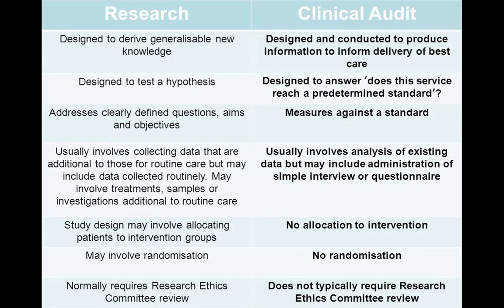If I had to use DVT prophylaxis as an example, we have oral anticoagulants such as apixaban or rivaroxaban. And if you're asking the question, as compared to apixaban, whether rivaroxaban is better or not, then that constitutes a research. We're looking at new evidence which is based on hypothesis, and this may involve randomization, allocating to various patient groups.